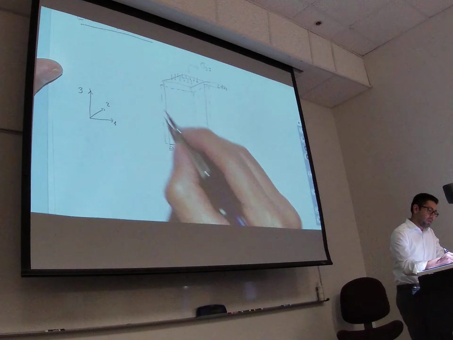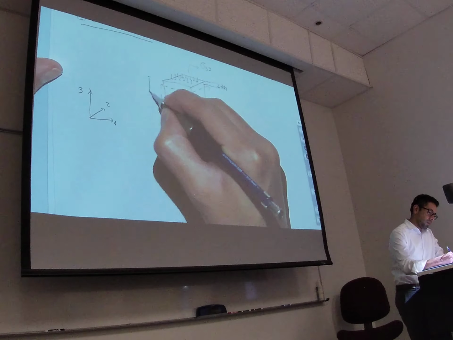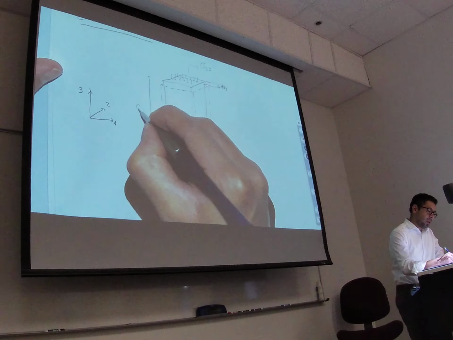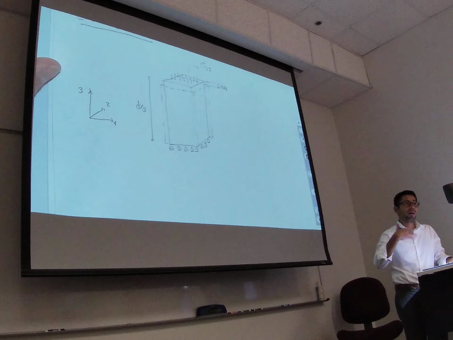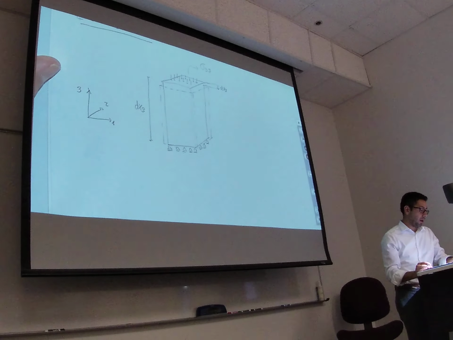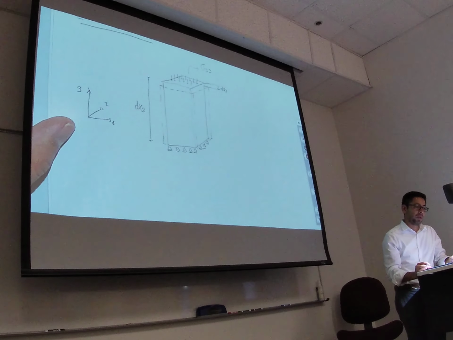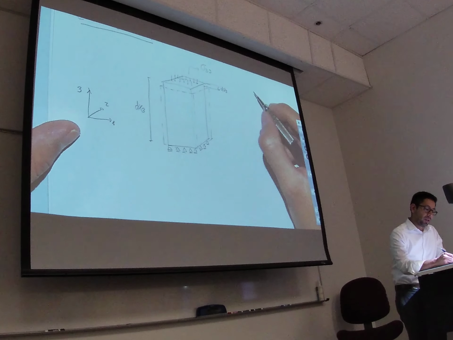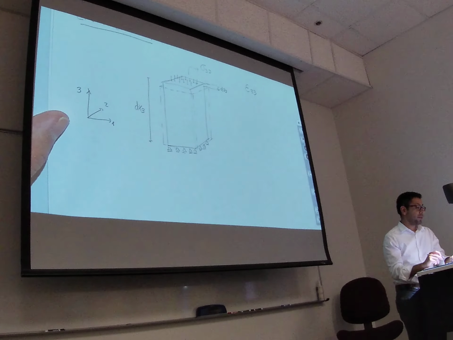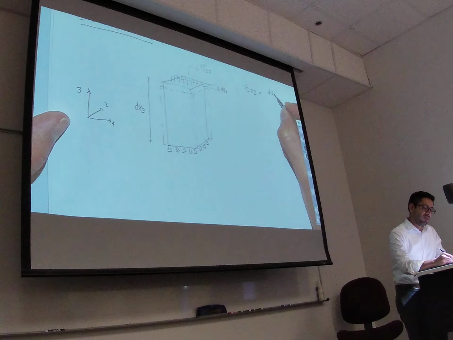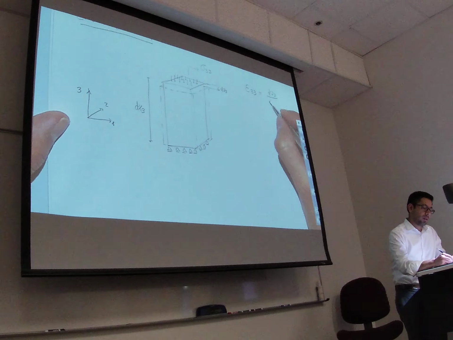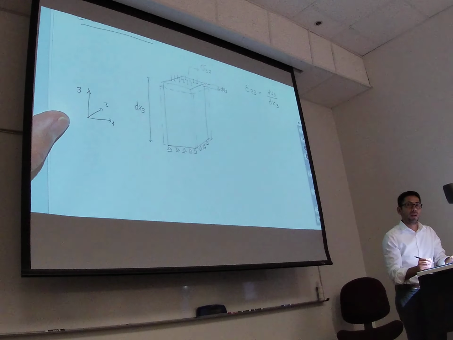The original length of the solid, let's call it dx3. If you remember from what we talked about strains and deformation, the linear deformation in direction 3 is going to be the change of length divided by the original length.